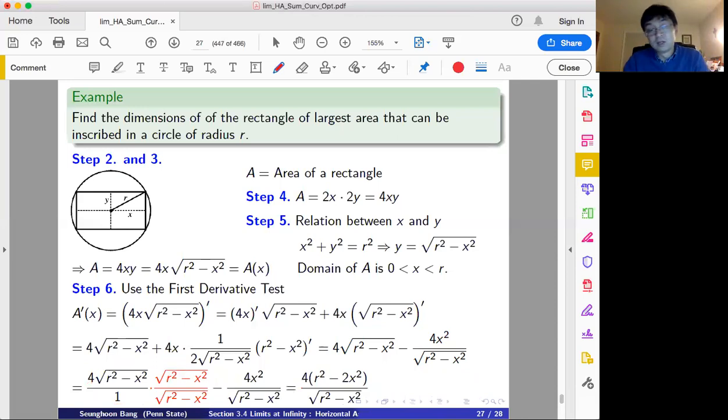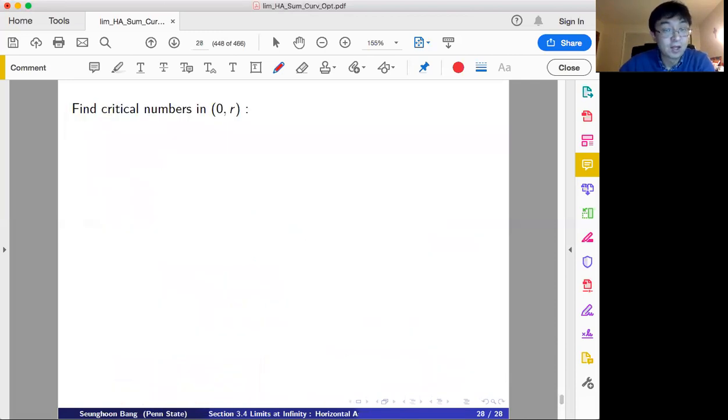So we have it. Next tip, you can find the critical number: either f prime of x, A prime of x, equals 0, or does not exist. So what is A prime of x?